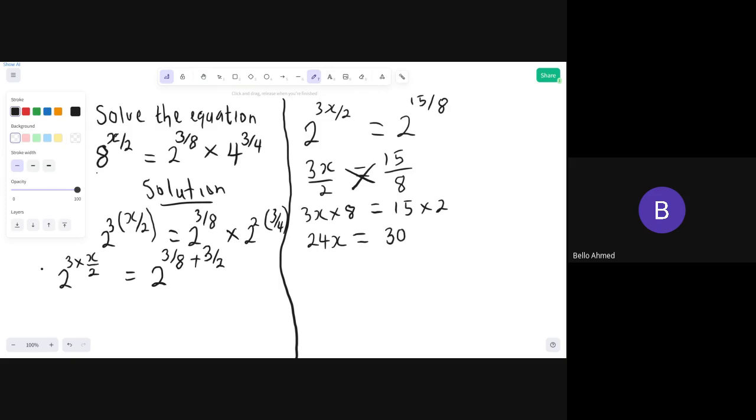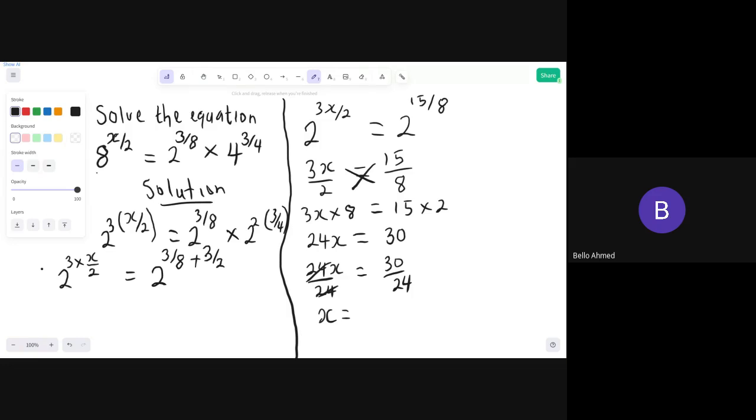I'm not looking for 24x, I'm looking for x. So I'll divide both sides by 24. So I'll say 24x divided by 24 is equal to 30 divided by 24. So this 24 will cancel 24. I'm going to have x equals to, now I'm going to reduce this 30 over 24 to the lowest terms first.